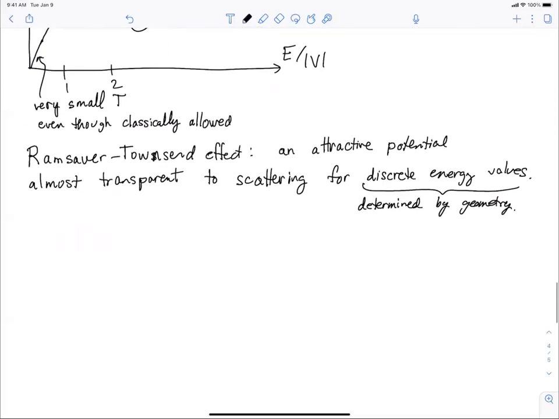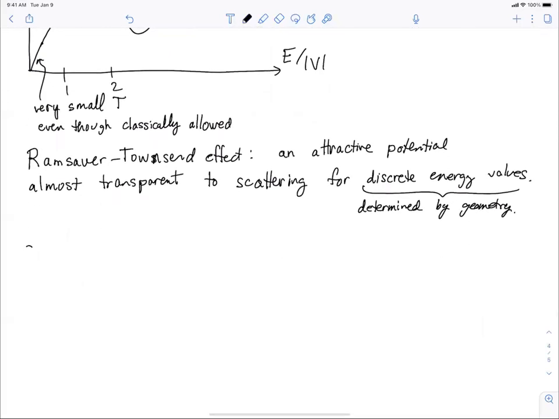In the real world, the outstanding case where this arises is when you scatter electrons from noble gas atoms, and specifically from argon, krypton, and xenon.